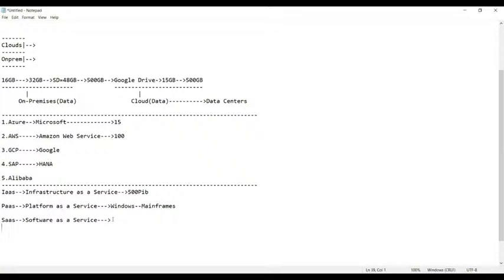We simply need to inform our cloud provider to install this or to make it available for you. License and everything is the responsibility of Azure only. That is not our responsibility.